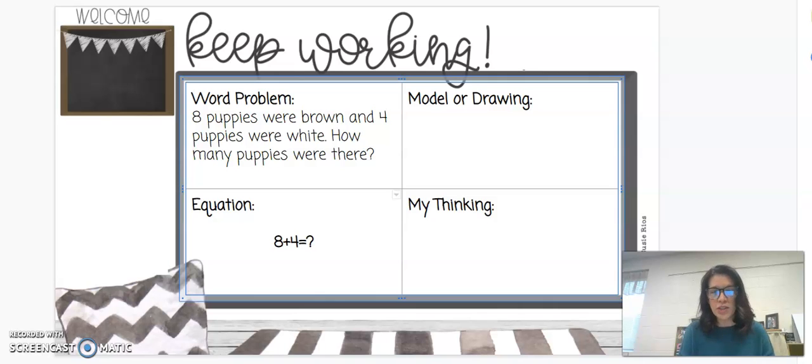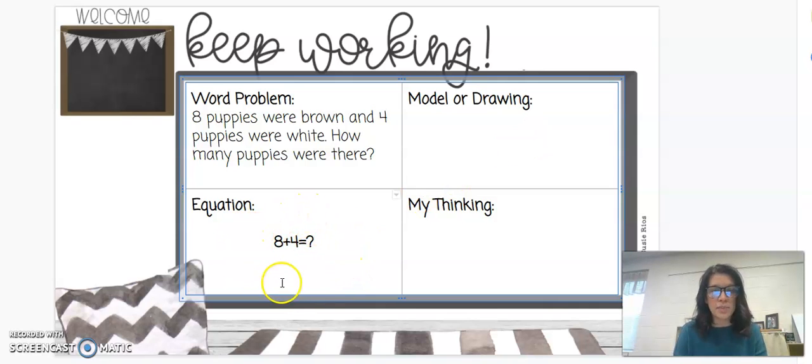Today, we're going to use a new kind of graphic organizer to help us solve the problem and to show and tell our thinking in different ways. The graphic organizer has 4 parts. The first part tells us our word or story problem. The second part shows our model with tools or our drawing that we use to solve our problem.